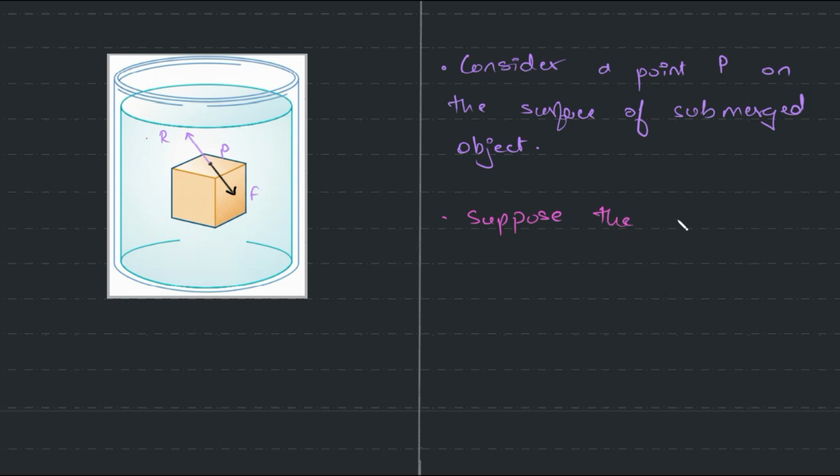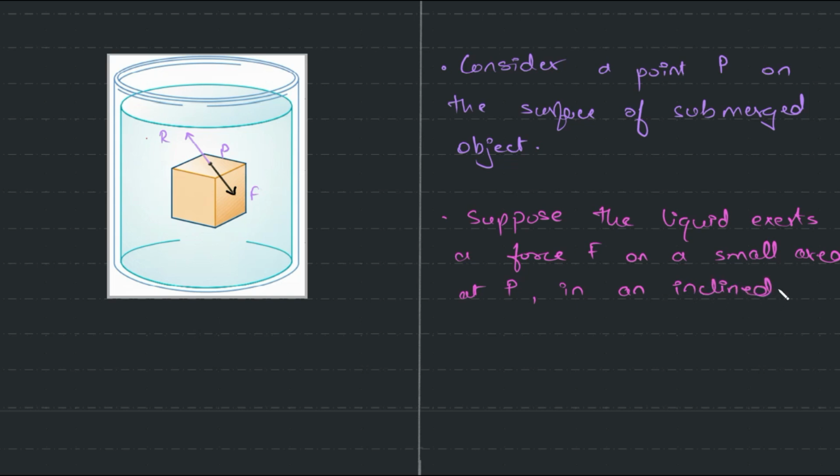Suppose the liquid, so we are trying to tell, exerts a force F on a small area at P in an inclined direction. So basically we're trying to tell that it's not perpendicular, it has some angle.